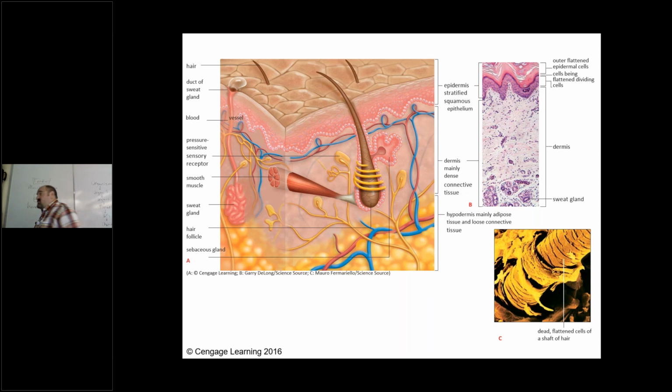You'll see here that we have hair, and it's anchored. The yellow represents nerves, the nervous tissue. This is muscle, and yes, that smooth muscle can contract and make your hair stand on end. That's called the pili muscle, and it's smooth muscle.